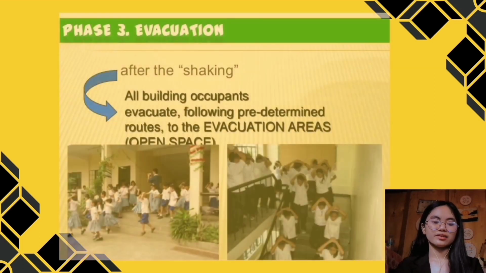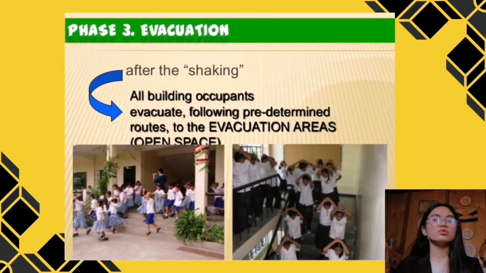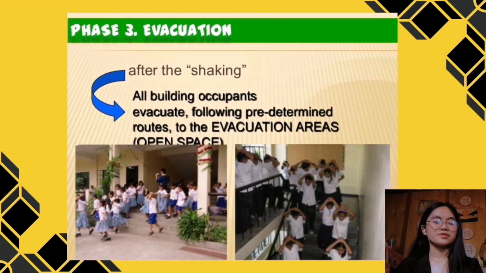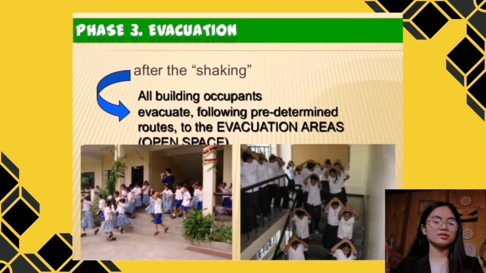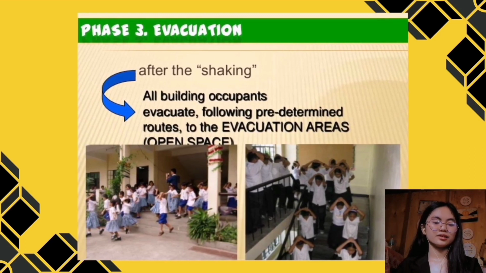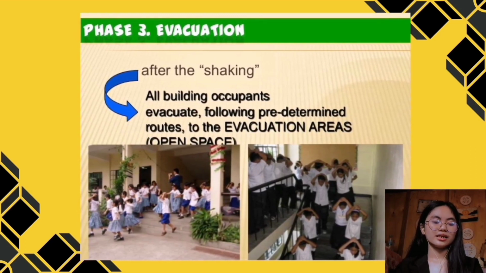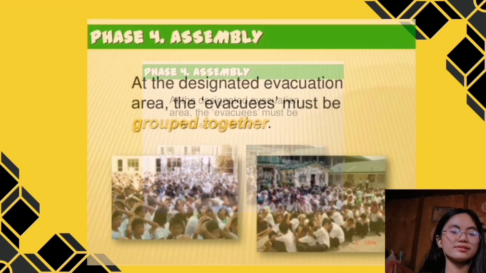So phase 3 is evacuation. Once the shaking stops, teachers and students should evacuate the school building and proceed using predetermined routes to go to the designated evacuation areas. So phase 4 is assembly.